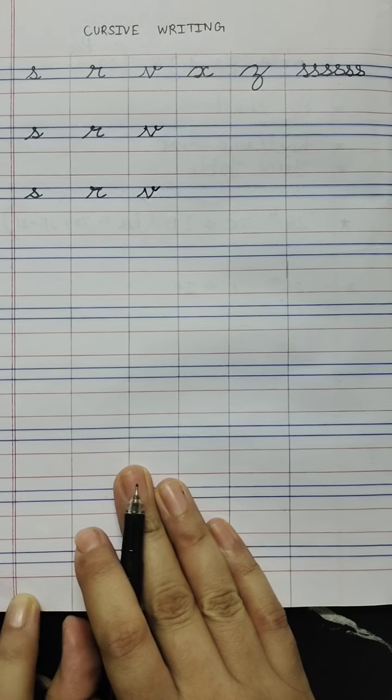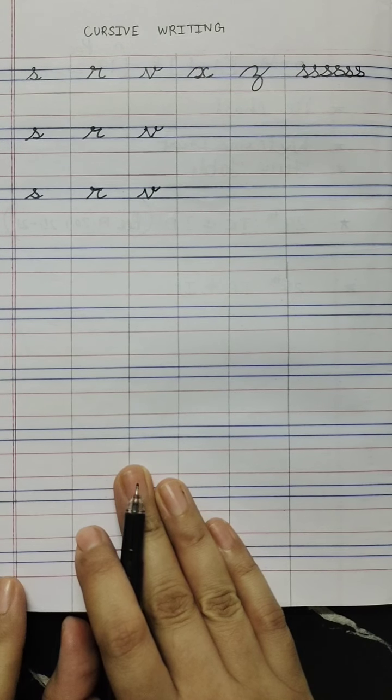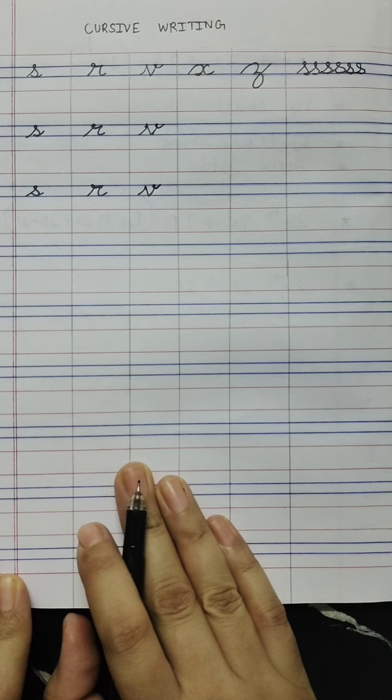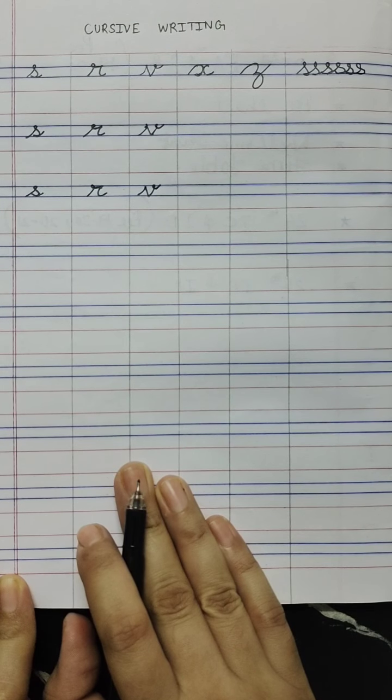Now let us come to the next letter, that is X. Now children, it is very simple because if you carefully look at it, it is the formation of two C's in two different directions.